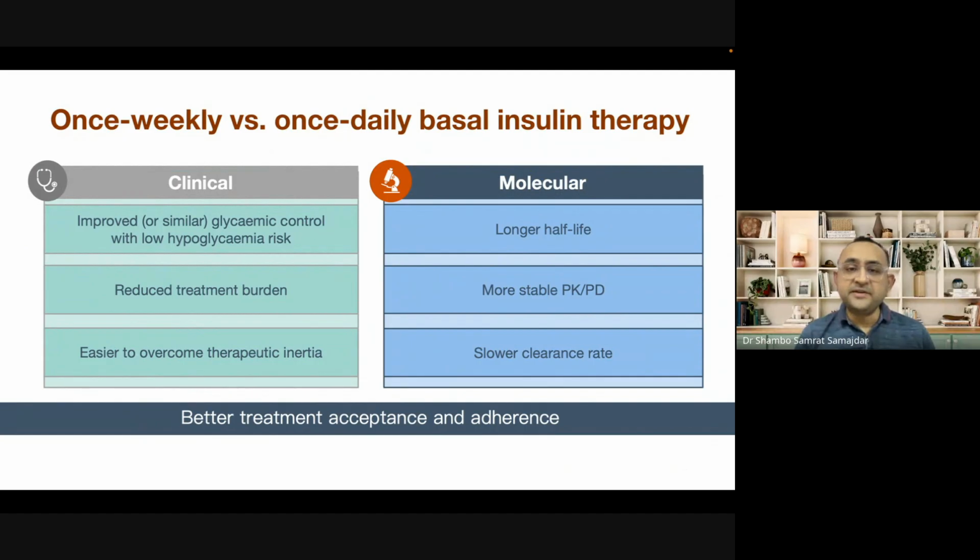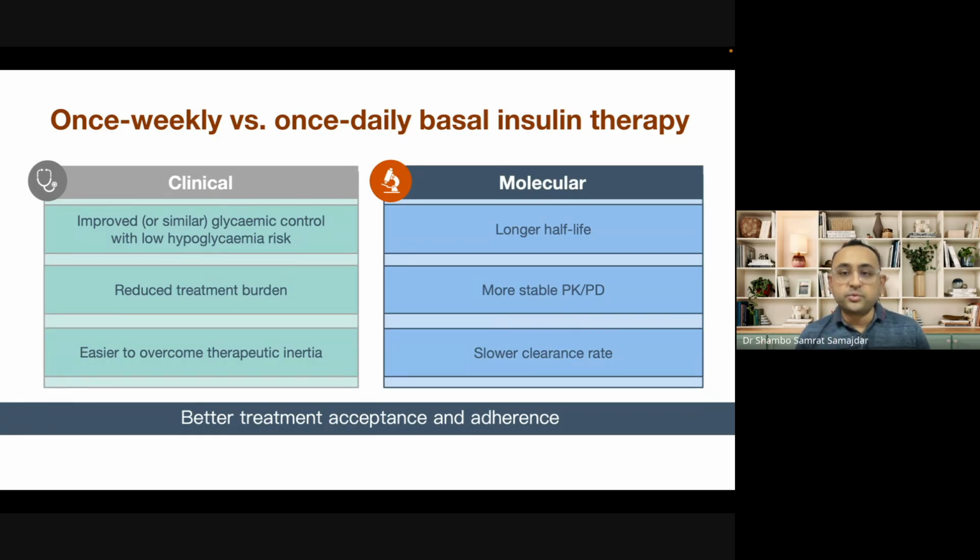So once weekly versus once daily basal insulin therapy, I think now we are getting a chance to prescribe our patients once weekly insulin therapy. Clinically, it is important to have better glycemic control with low hypoglycemic risk, to reduce treatment burden, and to improve the efficiency of the therapy so that it could overcome therapeutic inertia.